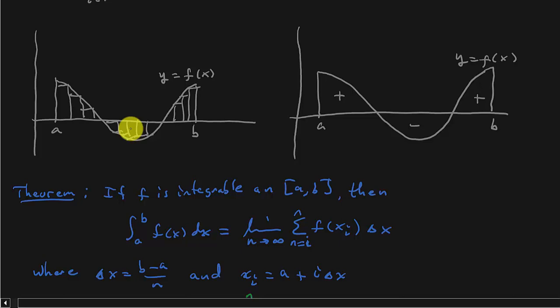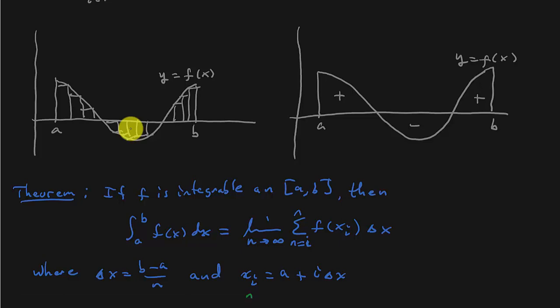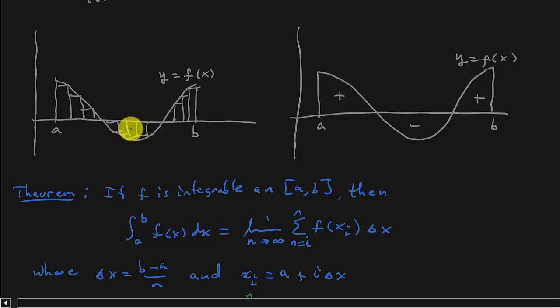Then the Riemann sum is the sum of the areas of the rectangles that lie above the x-axis and the negatives of the areas of the rectangles that lie below the x-axis. These areas up here are positive, this area is positive, and this area here is negative.